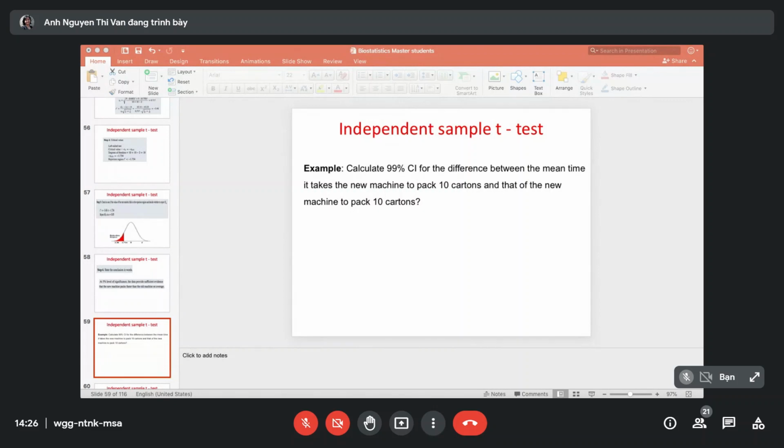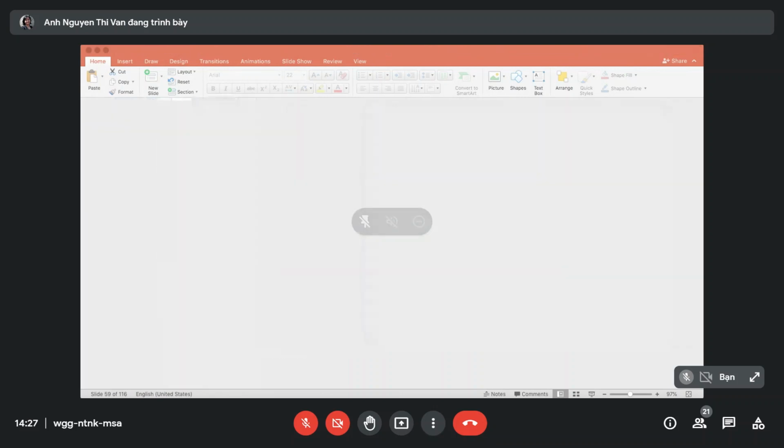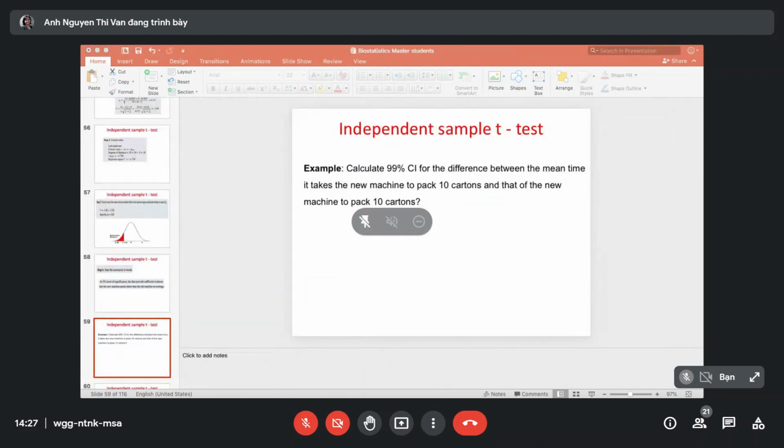So what is the interval that you got? I got the interval from minus 2.02 to minus 0.177. Yes, it's correct. Thank you.